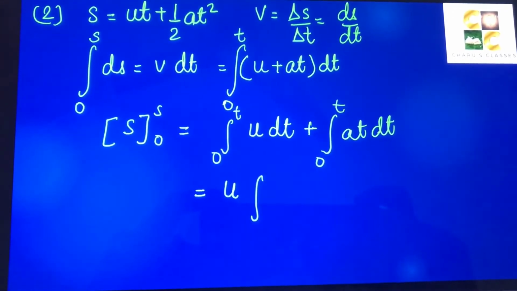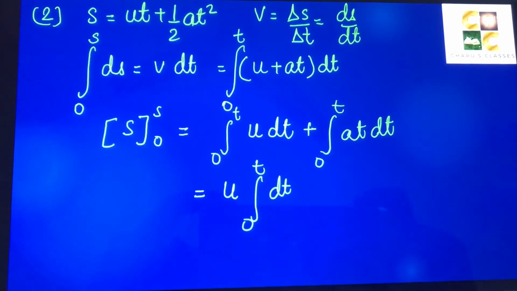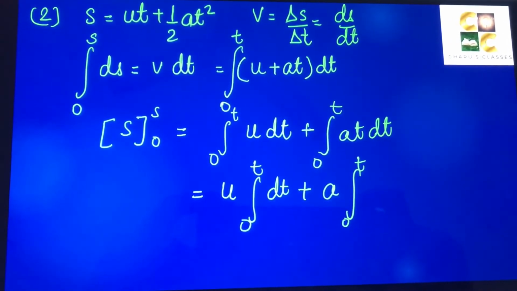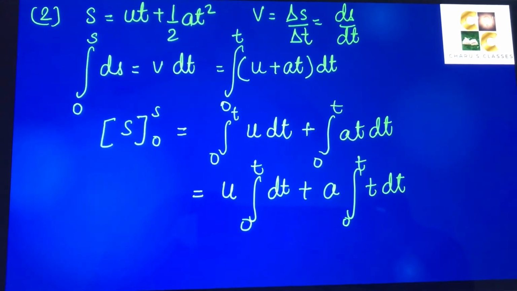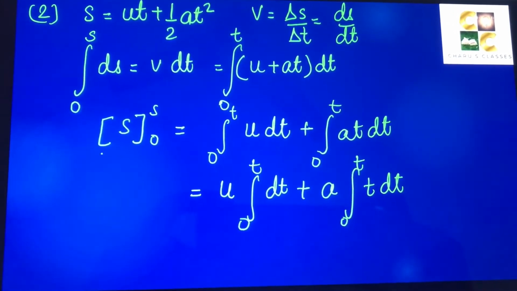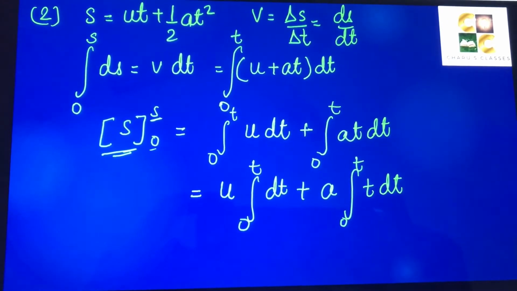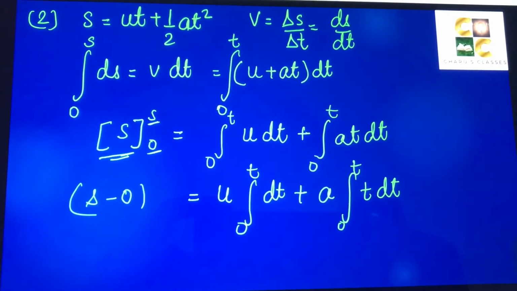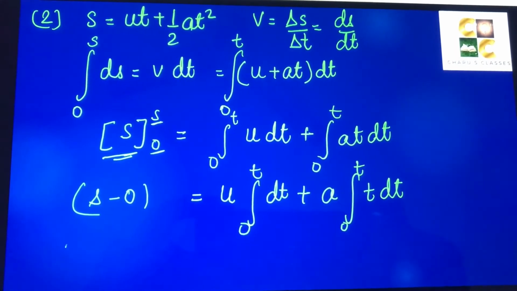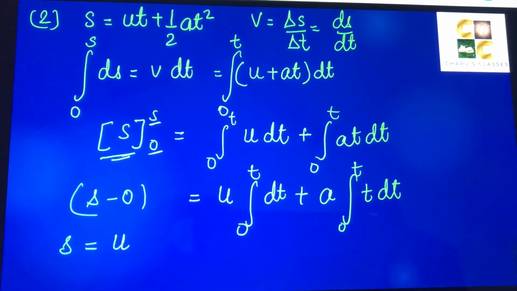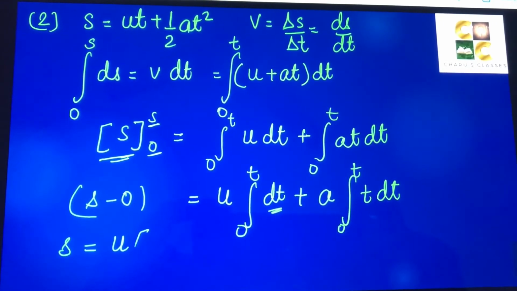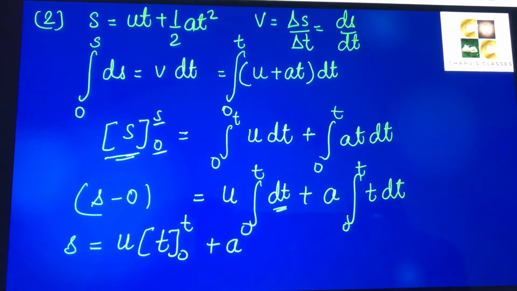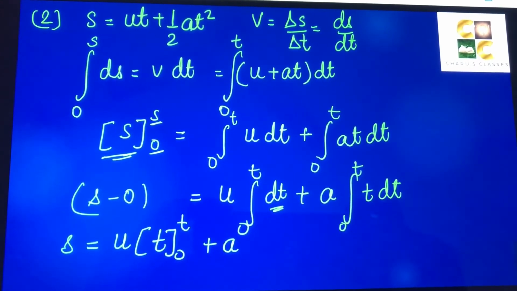Here u is constant, so we will have 0 to t dt, plus here a is constant, so we have 0 to t t dt. For s, we'll put the values s and 0. This will give us s minus 0. So s minus 0, that is s, is equal to u integral of dt, that will come as t from 0 to t, plus a, integral of t dt.